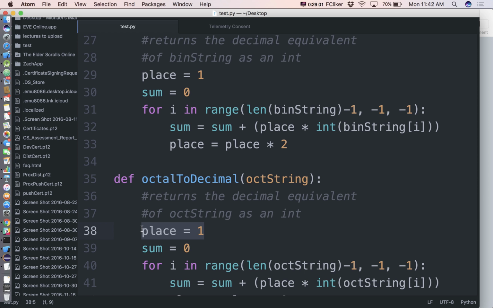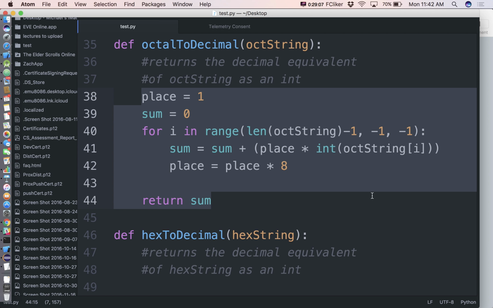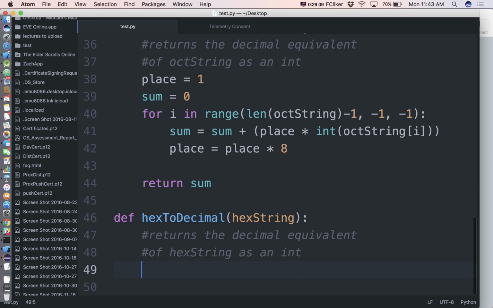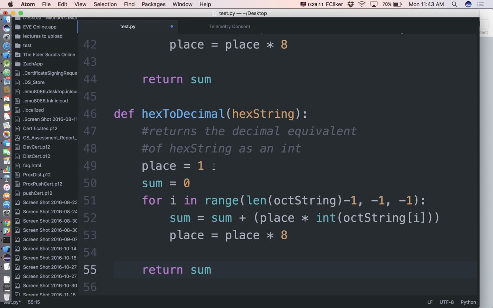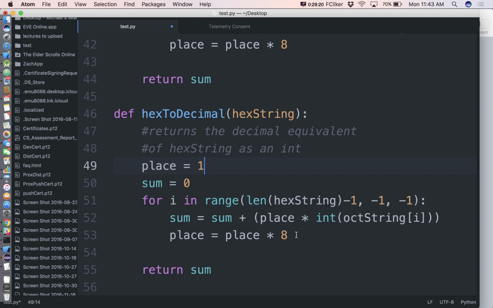We'll multiply it by 16 for hex. Let's just steal this code here for a moment. We'll throw it down here. Place starts at 1. Sum starts at 0. This guy takes a hex string instead of an oct string. But instead of multiplying it by 8, we're going to multiply it by 16.